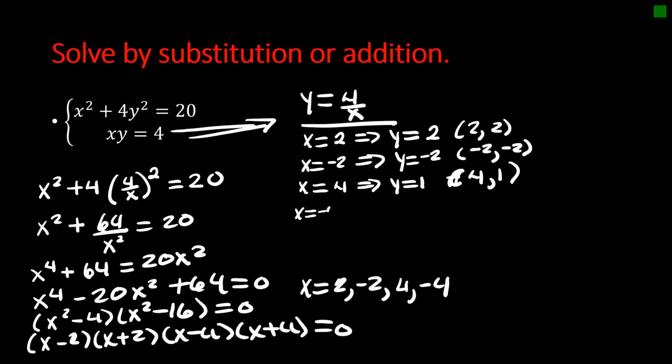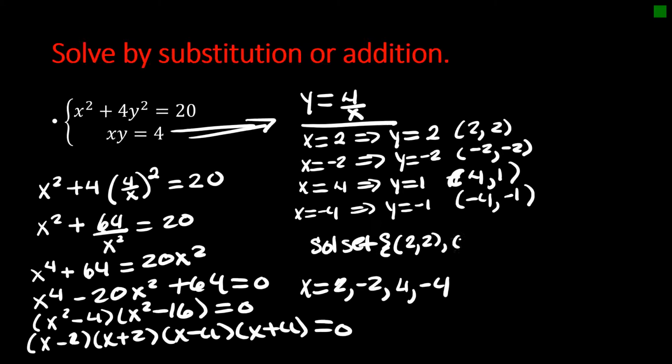And if x is negative 4, we have 4 divided by negative 4, so y is negative 1. So we have a point negative 4, negative 1. So that our solution set contains the points 2, 2, negative 2, negative 2, 4, 1, and negative 4, negative 1.